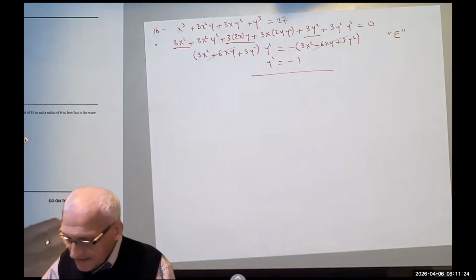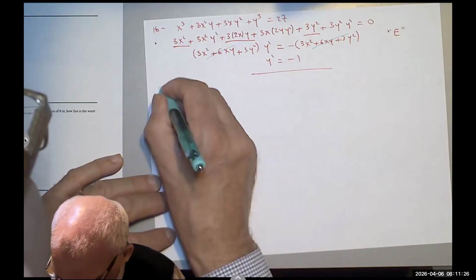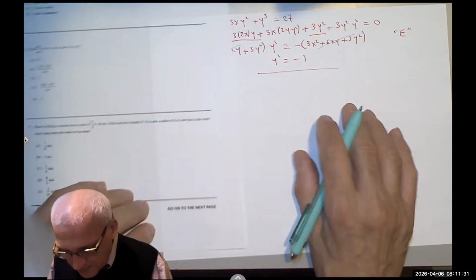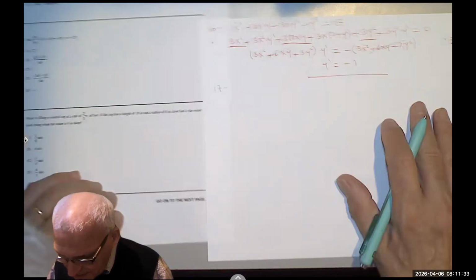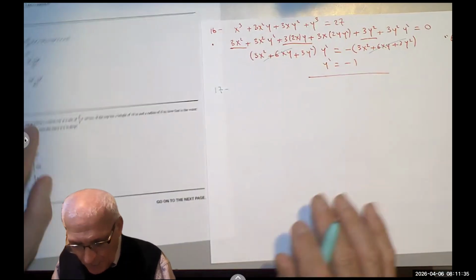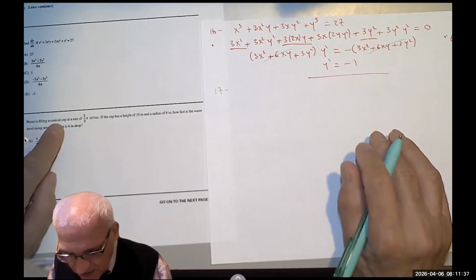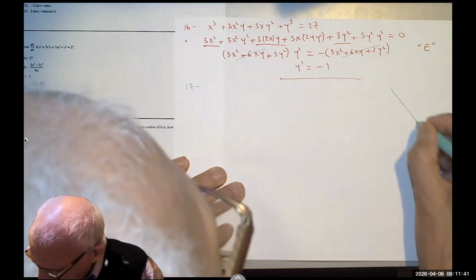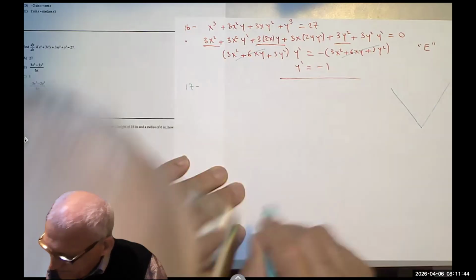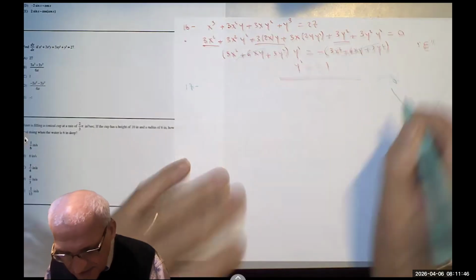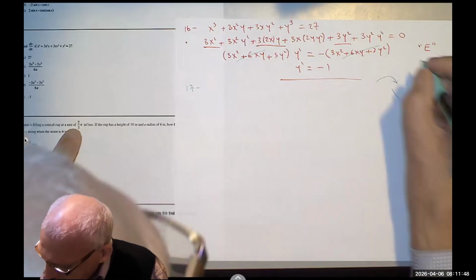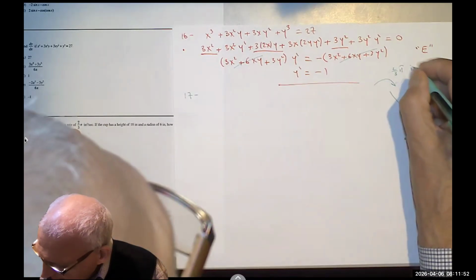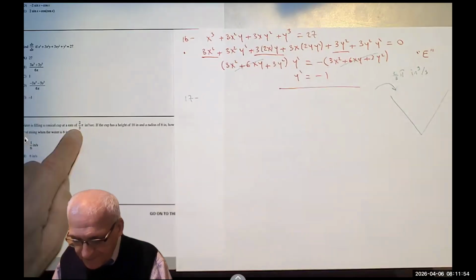Okay, let's move to number 17. Related rates. Water is filling a conical cup. So I have a conical cup and water is filling at a rate of 2/3 pi cubic inch per second.